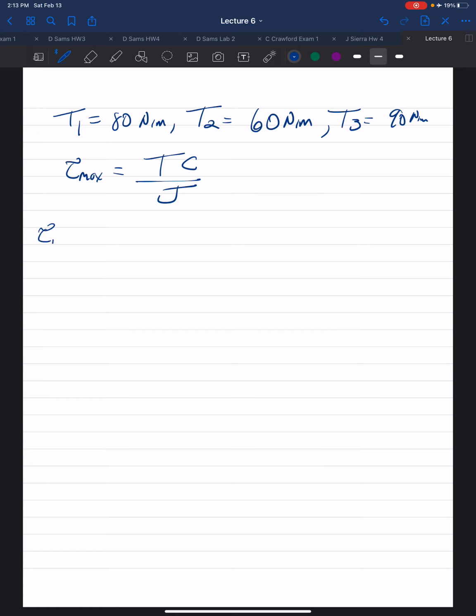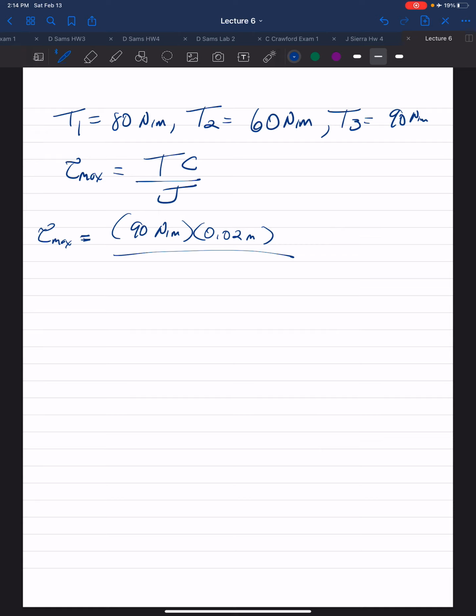So therefore, our maximum shear stress developed in this copper pipe will be our T3 torque, which is 90 Newton meters, times our C, which is the outer radius of 20 millimeters, which is 0.02 meters, all over our J. And this is a tubular pipe because it has both an outer and an inner diameter.